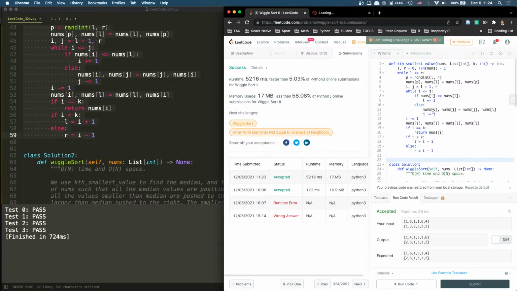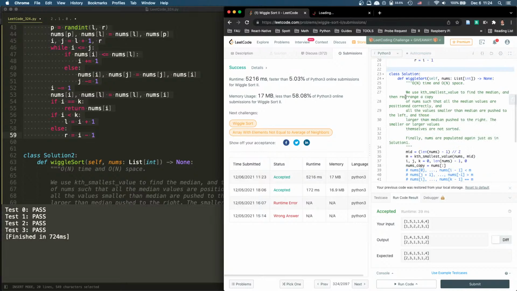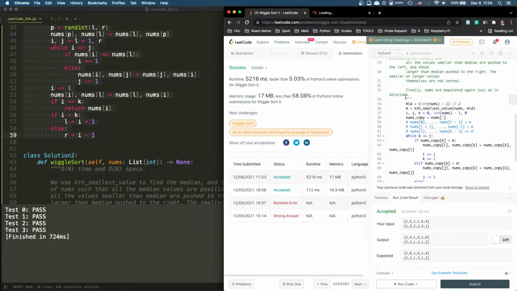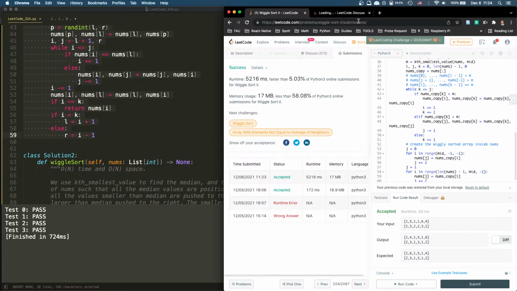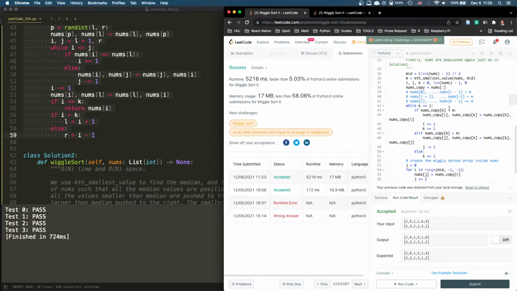This is rearranging, and then we go to the right side, go to the left side, and then this one we swap. Yeah, I think this is the same. But I'm surprised. Oh well, we do have the copy part, so the copy might be an issue.